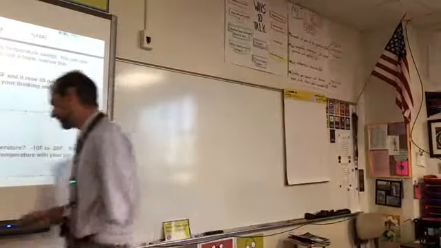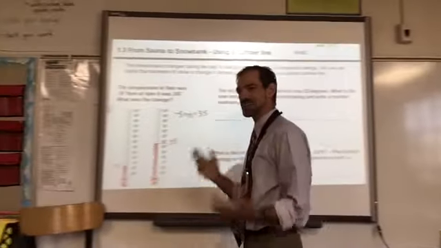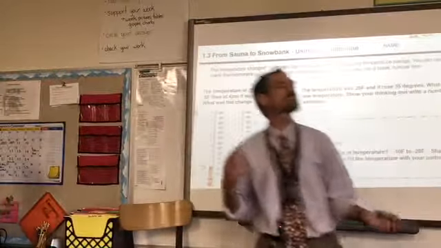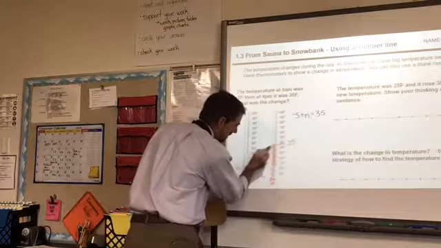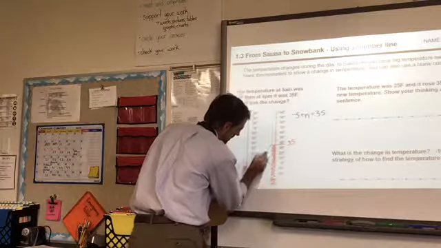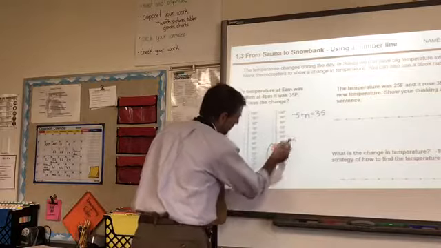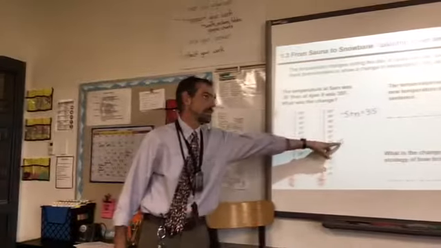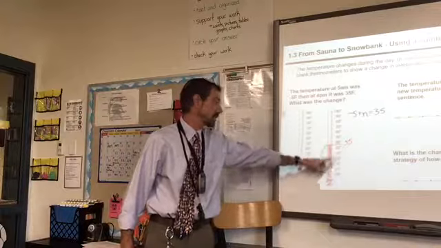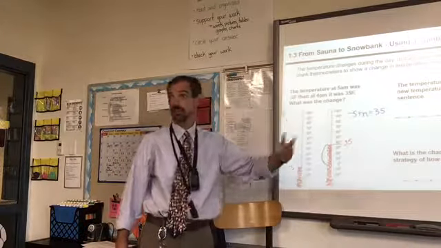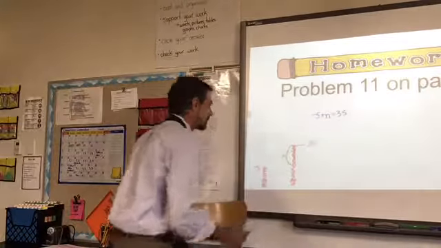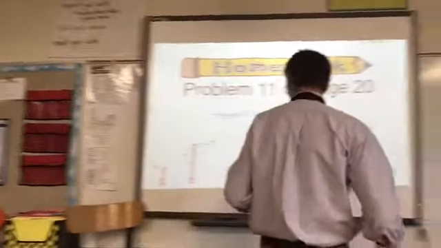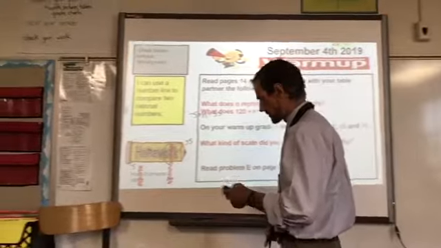So the way I like to think about this is because we have negatives and positives, I like to find the difference from the positive side to 0. I'm going to find the absolute value from my temperature to 0. So how far is it from 35 to 0? 35. Whoop, wrong way.